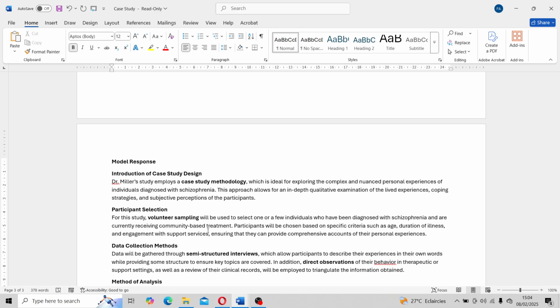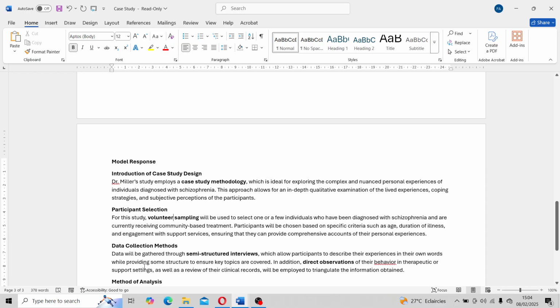But if you don't want to waste too many words on that, you can simply go with something that is already done, for example, people that have already been diagnosed by clinicians as having schizophrenia. Participants will be chosen based on specific criteria such as age. You can discuss the duration of illness, engagement, and so on.